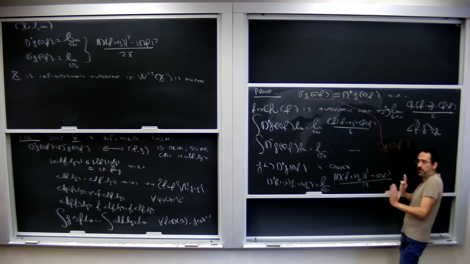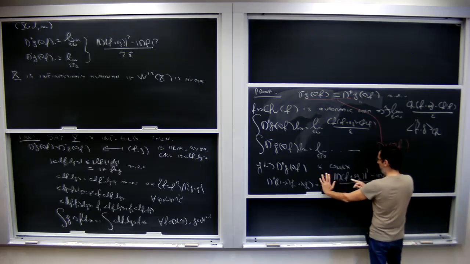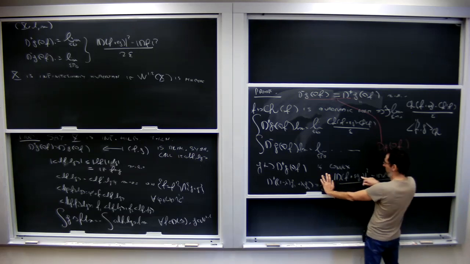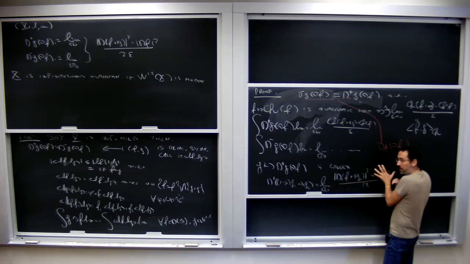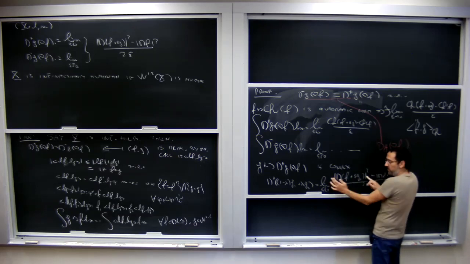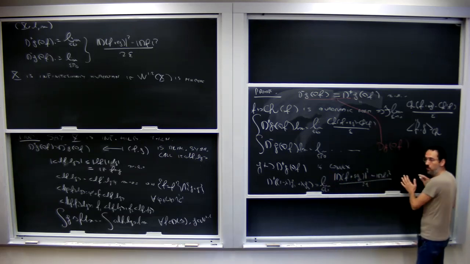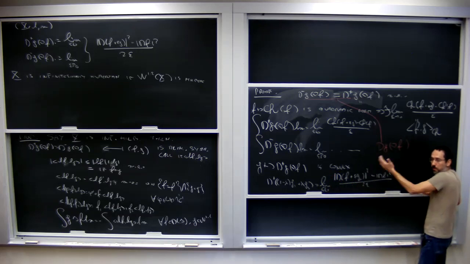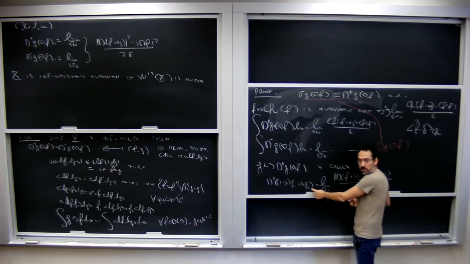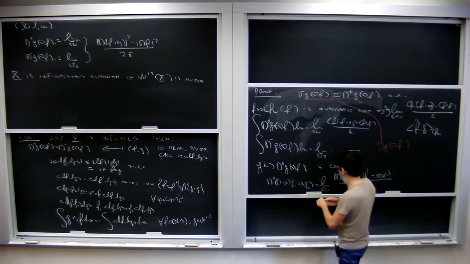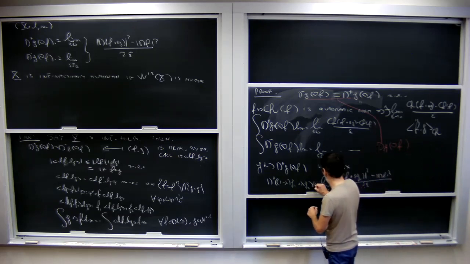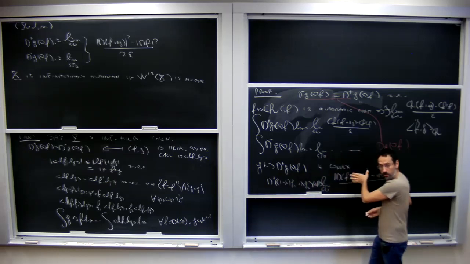But now for any given epsilon, this expression is convex in this variable. Make sense? Because this is a convex function, as we already said. So you apply the convexity inequality for every epsilon, it passes to the limit and gives a convexity inequality at this level. Make sense what I'm saying?